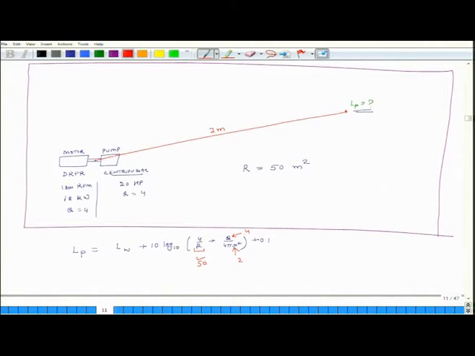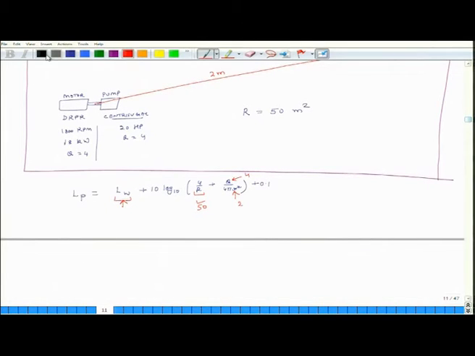But what we do not know is the overall sound power level. So, we have to compute the sound power level for the pump, compute the sound power level for the motor, and then add them up somehow, and that will give us the overall sound power level.